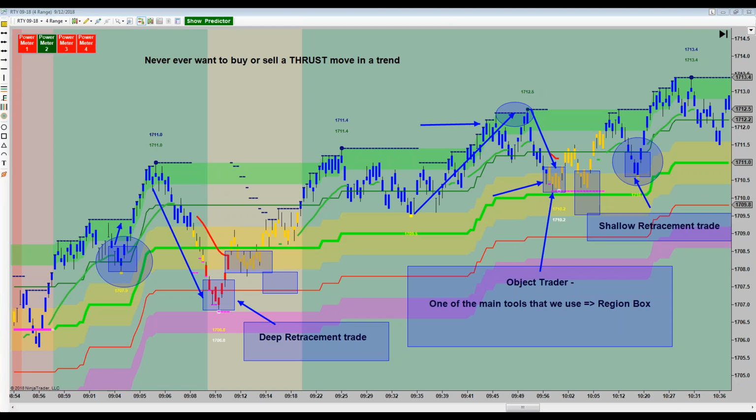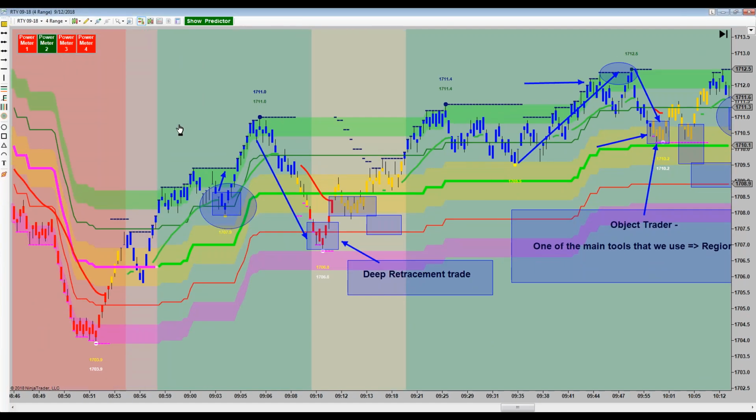But if you look deep down in yourself and you say, and I'm just going to use an example, look, Charles, I understand this is an uptrend. I've seen deep retracement trades a million times. I know I should be taking them, but every time I take one, it doesn't work out and I get hammered. Well, my response is, then don't take them anymore. Anyway, all right, enough said about that.